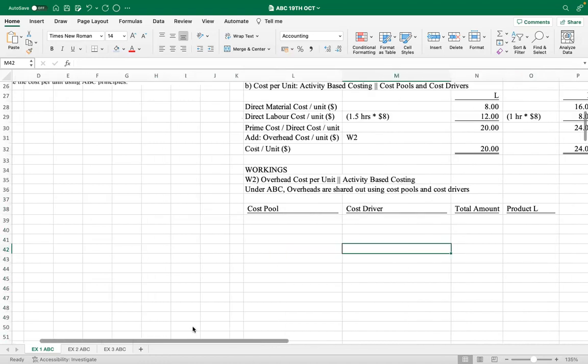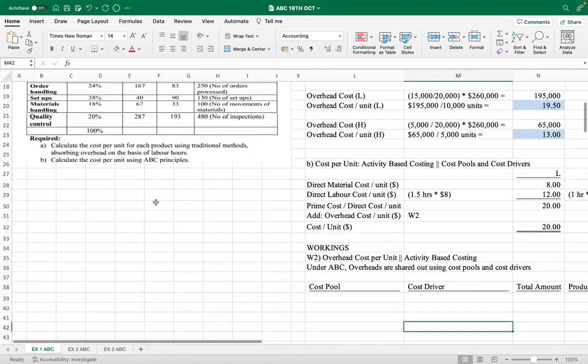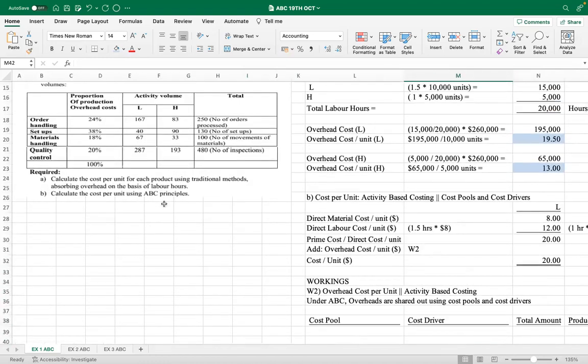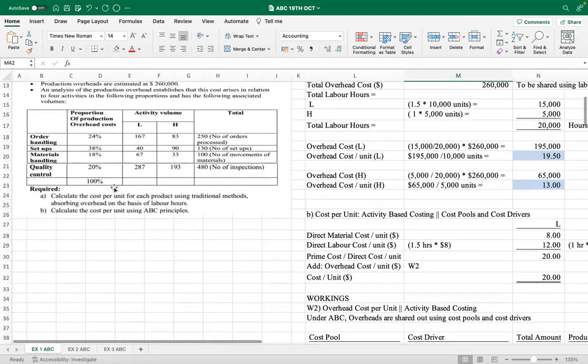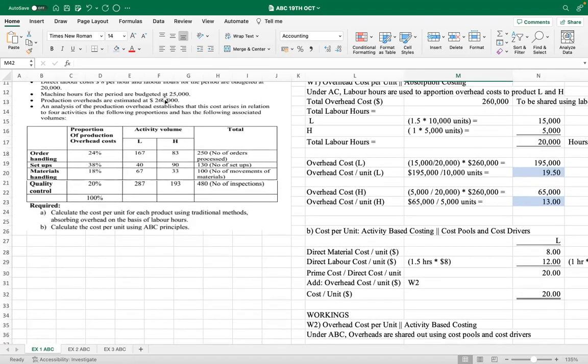So what are the cost pools in the equation? Remember, we said the cost pool is an activity that consumes resources. The total overhead cost was 260,000, but you are told to share them in these proportions. 24% goes to order handling, 38% to set up costs.